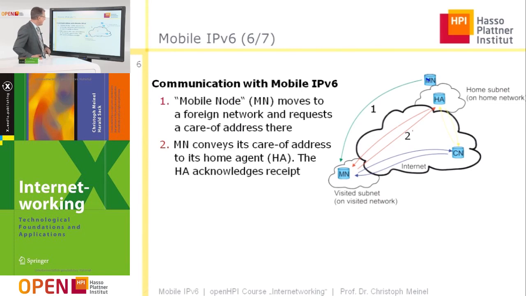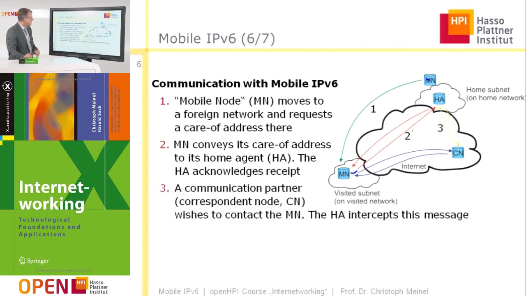Then, in a second step, the mobile node forwards the care-of address to the home agent. Here is the home agent. So that the home agent knows the care-of address of our mobile node. The home agent knows the primary address. So the home agent can manage the forwarding of the data packages. The home agent sends back an acknowledgement so that the mobile node knows exactly that the home agent can take care of forwarding all the messages that are sent to the primary address of the mobile host.